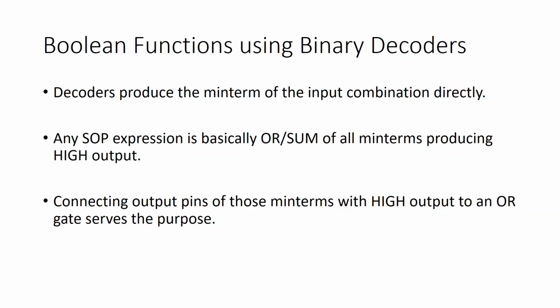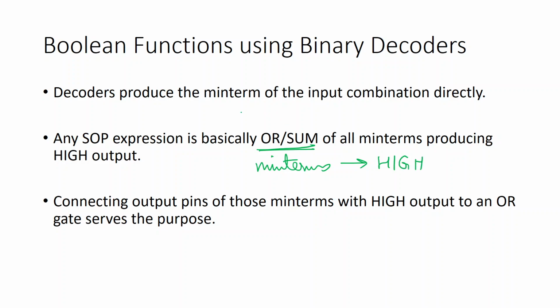So those min terms, or those outputs from the decoder, you can collect together and pass through an OR gate. You have to OR, or sum, those min terms which produce a high output. That is what you need to do.